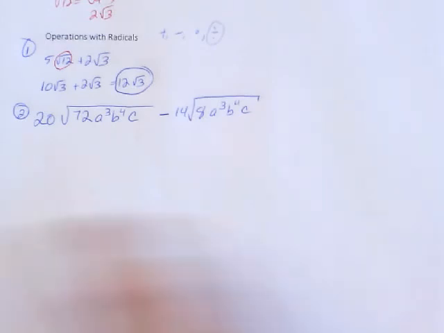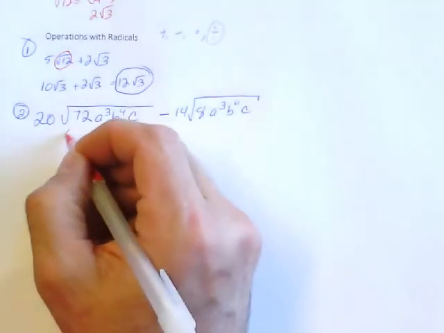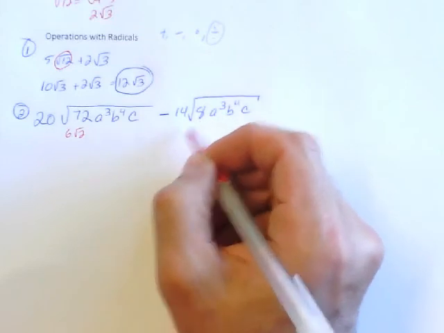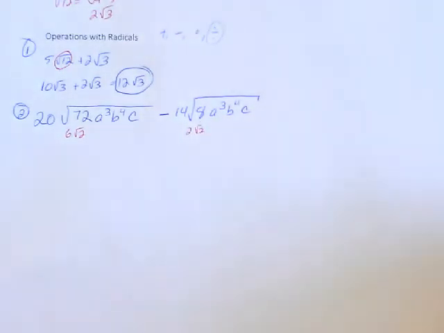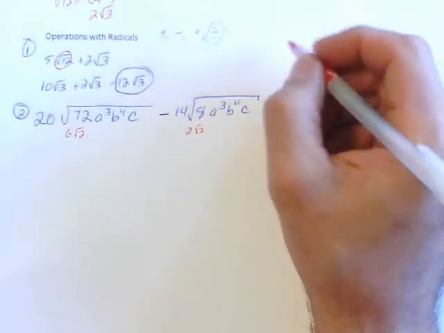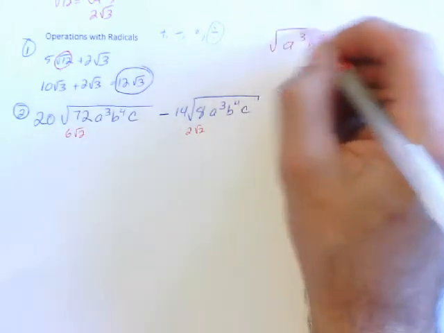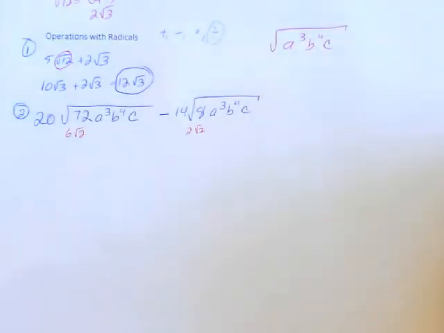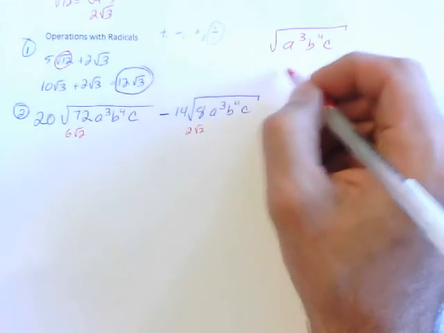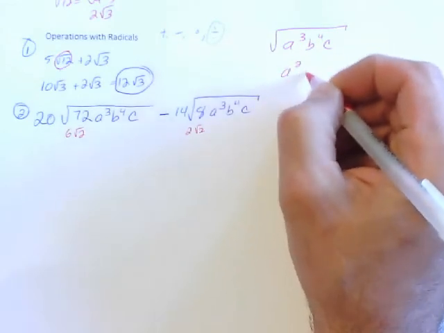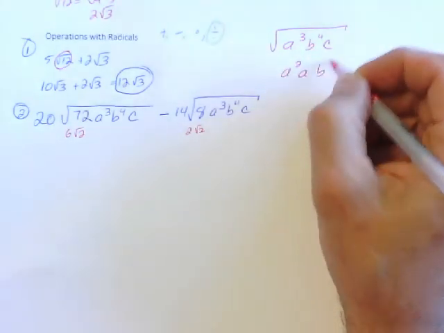So what's under these radicals needs to be simplified and simplified completely. Okay. I'll do this off to the side. So we already know radical 72 is 6 rad 2, and we know radical 8 is 2 rad 2. We've already taken care of those. I want to tackle a to the 3rd, b to the 4th, c. Take care of these guys first.